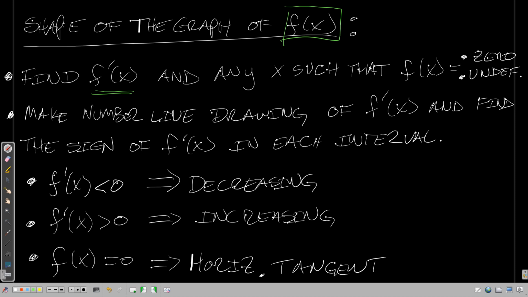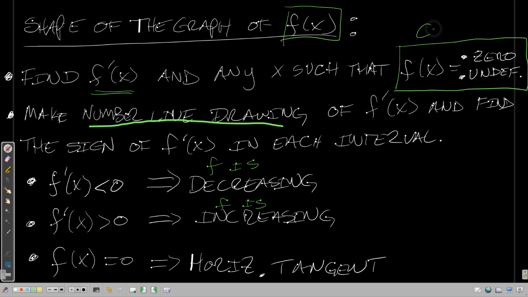Since f prime is going to tell me if f is decreasing or if f is increasing. You can do this with one of those number line drawings, provided that you have identified the critical values.